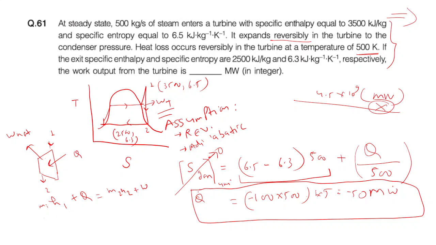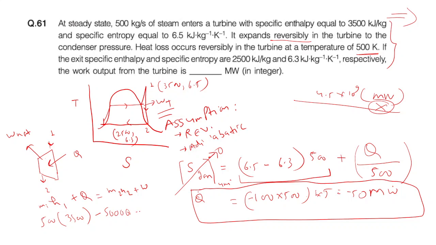So m1 is 500, h1 is 3500. Q would be minus 50, but the unit should be the same here, right? So we convert megawatt to kilojoule.